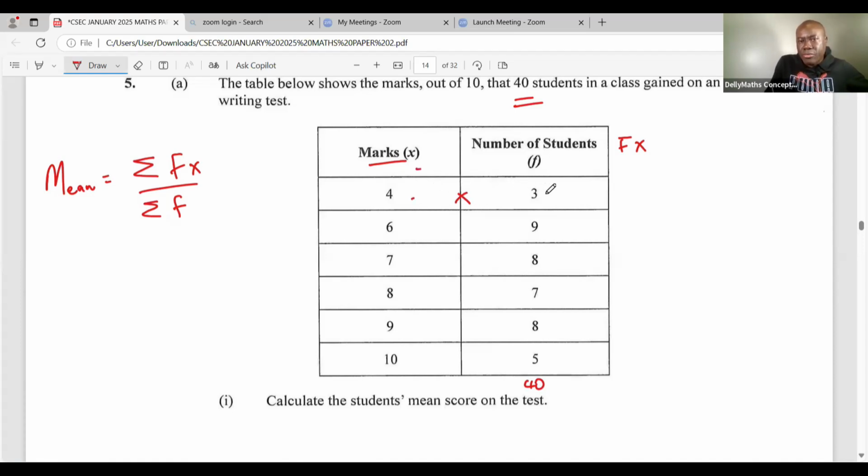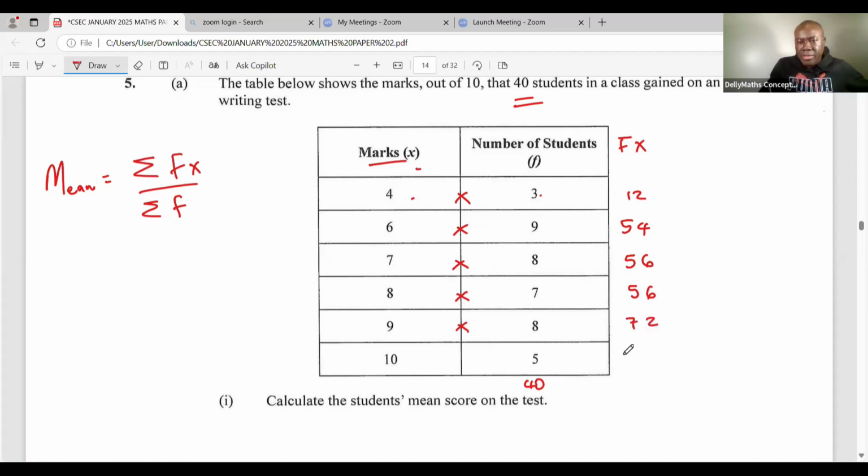So here it is, fx. 4 times 3 gives us 12. 9 times 6 gives us 54. 8 times 7 gives us 56, and this is the same here, we have 56 again. 9 times 8, that's 72.